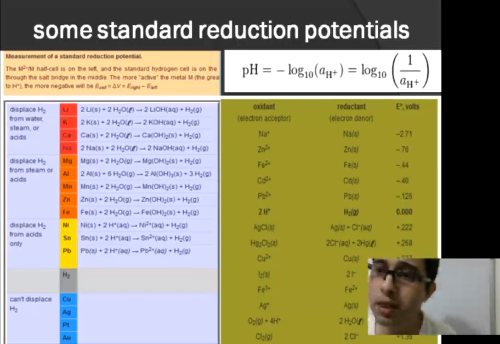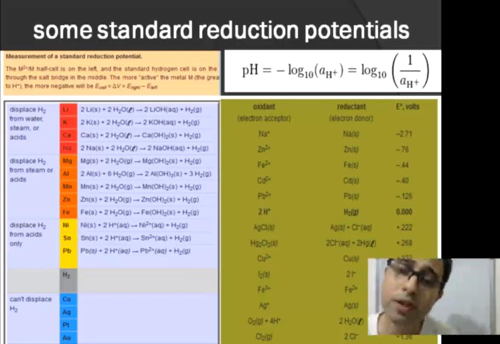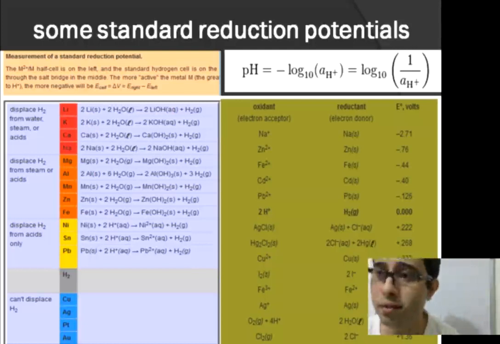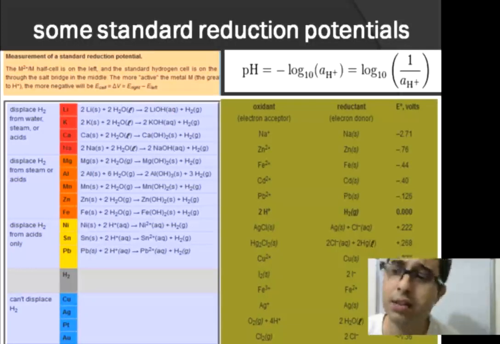Copper is very easy to reduce. That's why the reduction potential is positive. The higher the positive reduction potential, the easier it is to reduce that material. Similarly, the more negative the reduction potential, the more strongly reducing they are. They cannot be reduced easily. So they won't get reduced. They will reduce others. They will oxidize themselves.